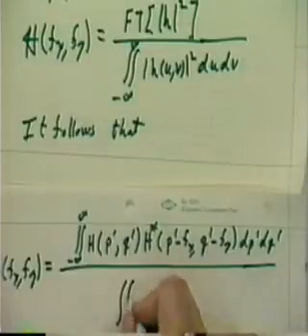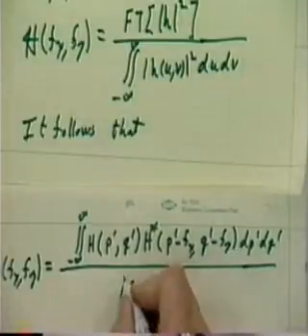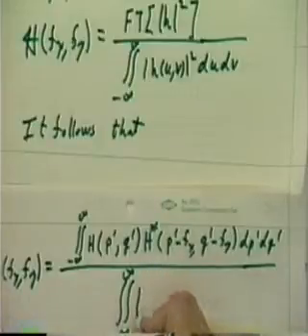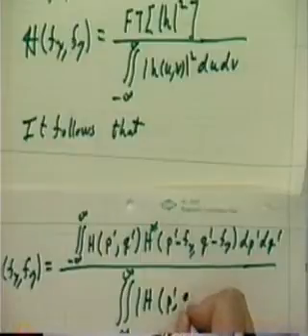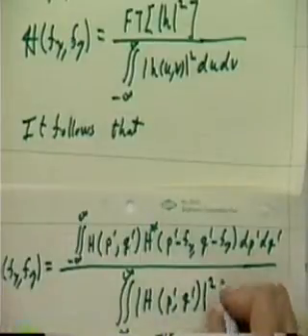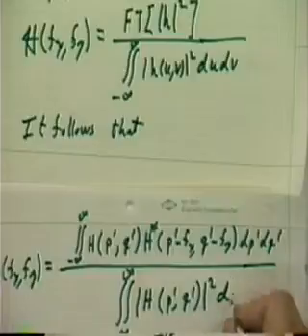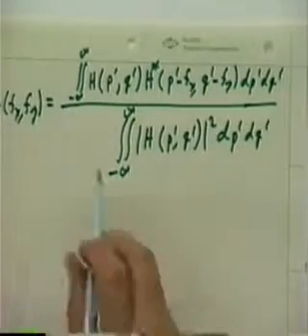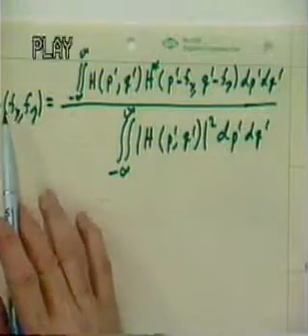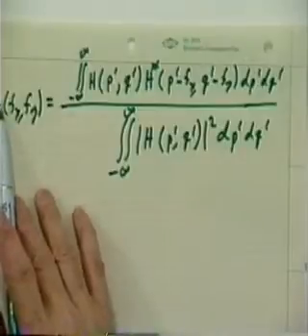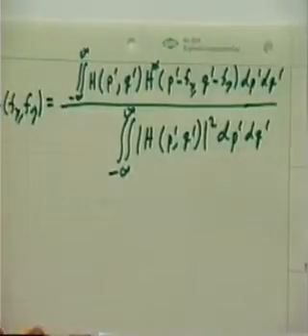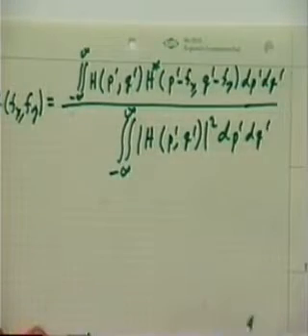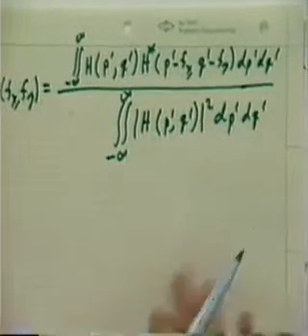And again, we normalize this by the integral of the magnitude of H of p prime, q prime squared dp prime dq prime. So this gives us a relationship between the incoherent transfer function and the coherent transfer function. There's nothing wrong with this expression, but it's not the way we normally see it.